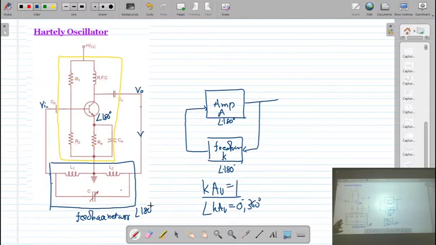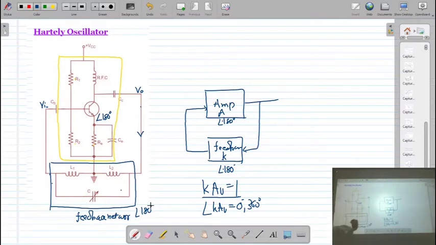Now if you look at this feedback network, the inductors L1 and L2 are in series, and across this series combination of inductors, the capacitor is connected. So this is the feedback network. Now when we discuss the Colpitts oscillator, instead of the inductors, capacitors are connected here, and instead of the capacitor, an inductor is connected. So this is the difference between the Hartley oscillator and the Colpitts oscillator.